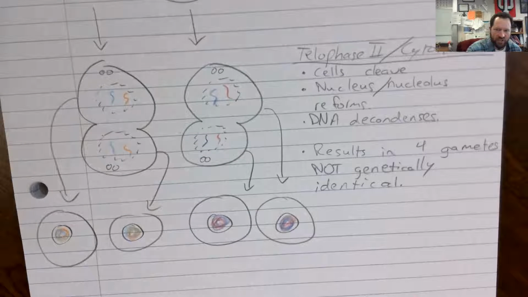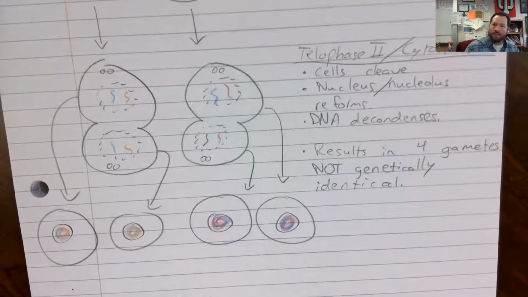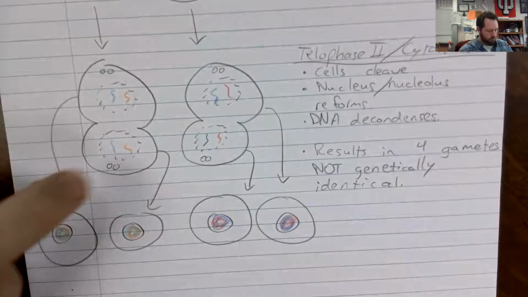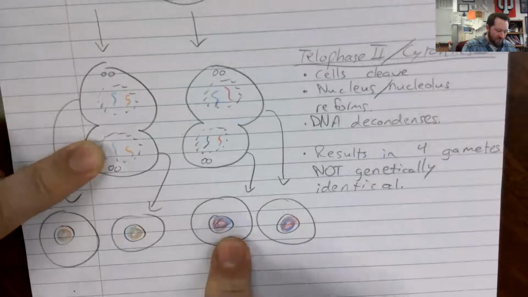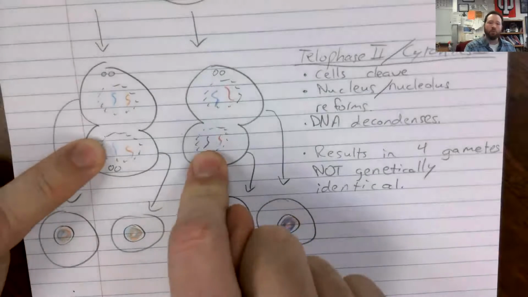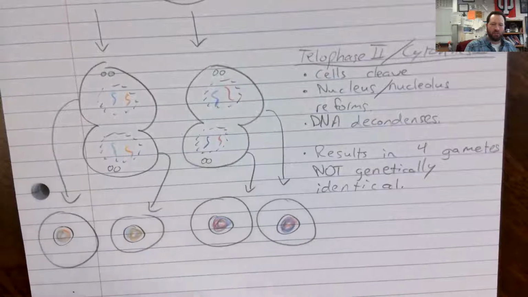These are haploid cells, and they're different. Maybe these gametes have mom's beautiful blue eyes, and these gametes have perhaps dad's beautiful blue eyes. Just kind of a difference here. We'll see which one you pass on to your offspring.